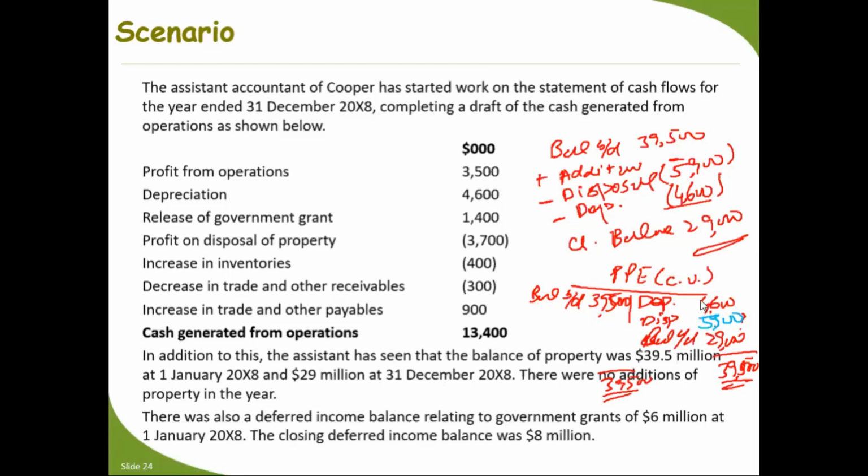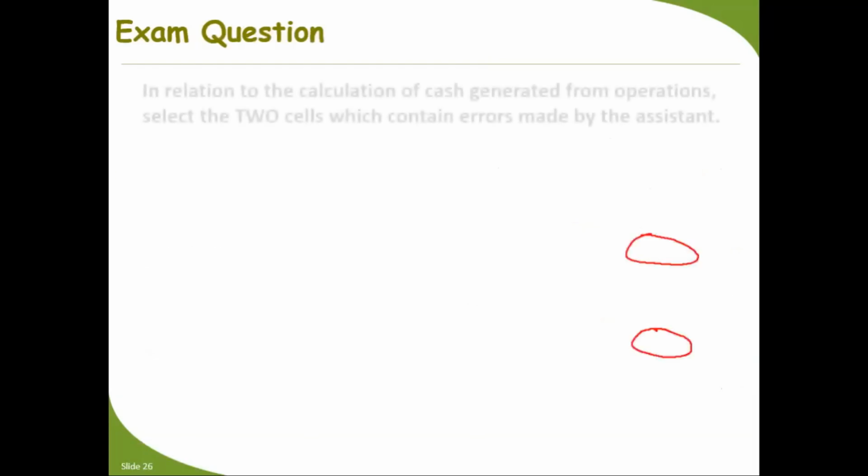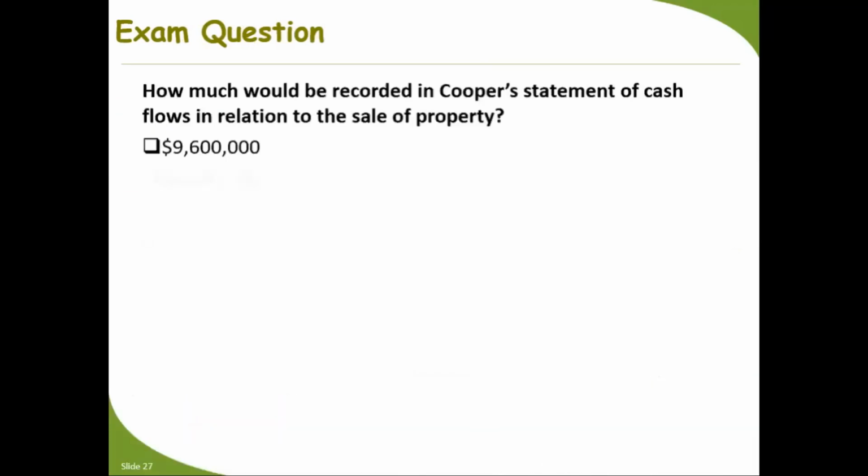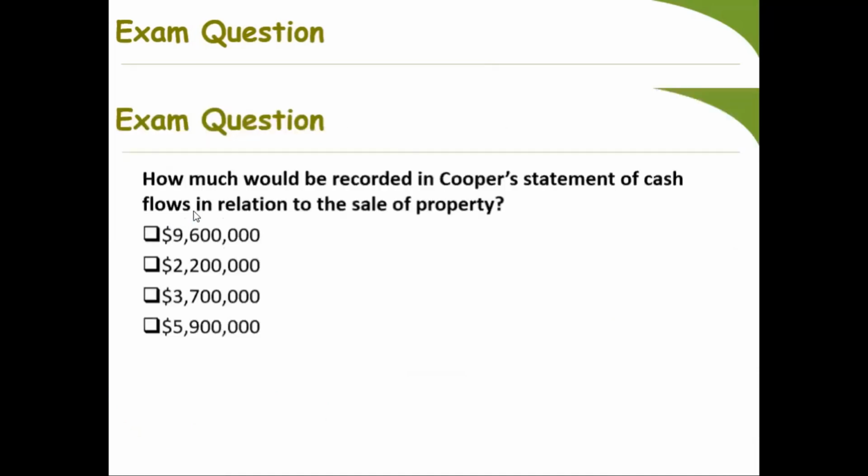So we can use either the T account or the proforma. So its answer is 5,900,000, which is option D.